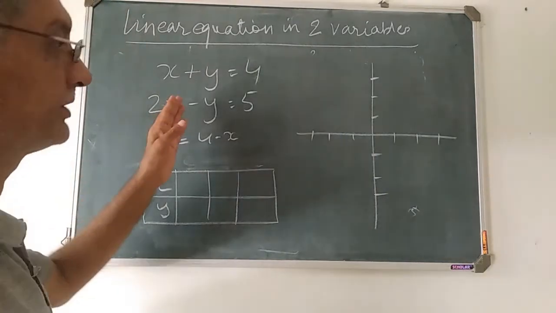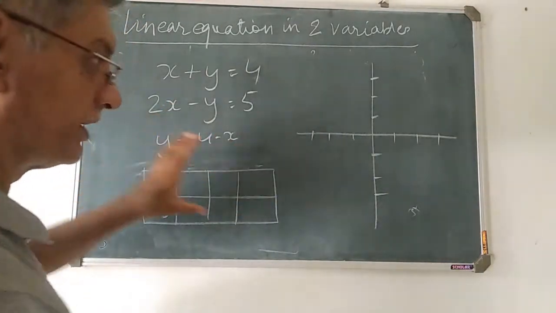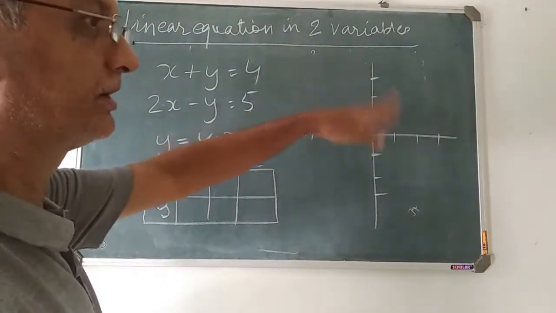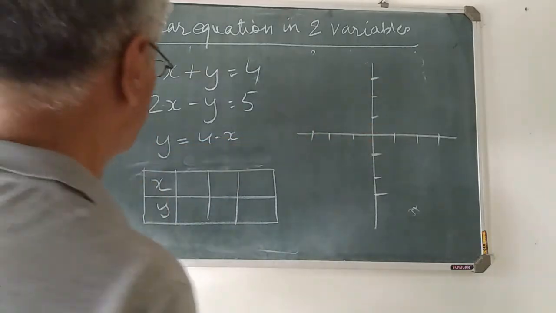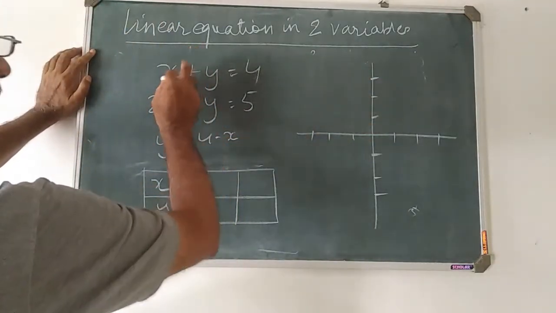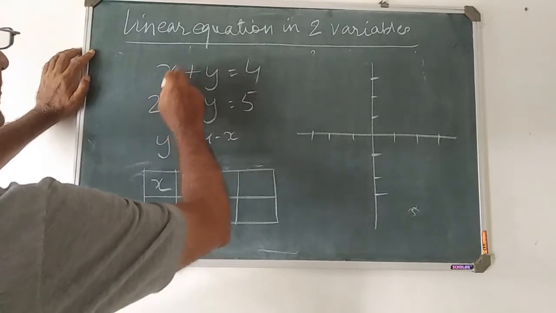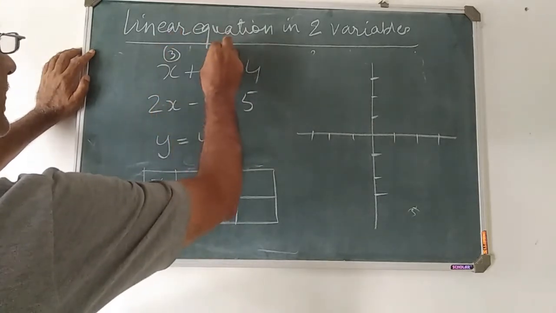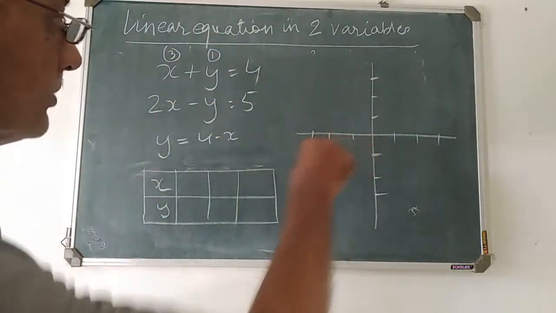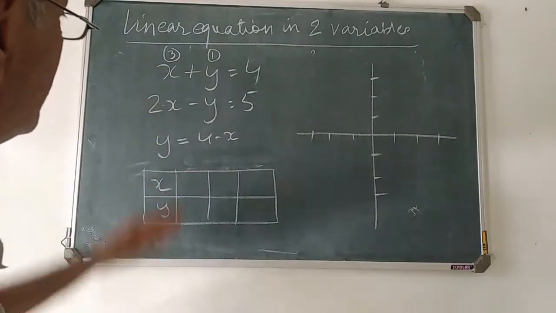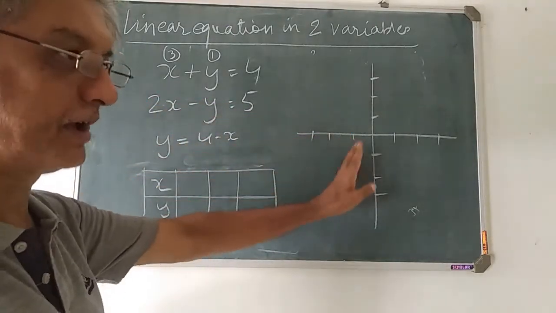Now let us do the same sum graphically. We already know from the apple and banana problem, when we said A plus B, that x was 3 and y was 1. Let us check whether we get the same graphically.